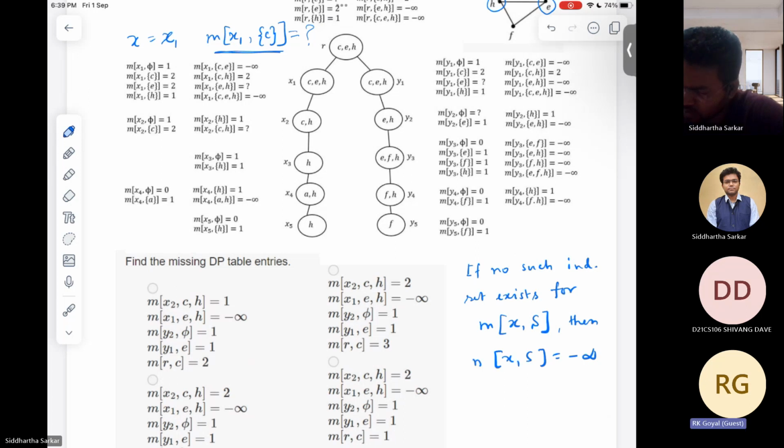So basically there is no independent set of that kind. We could say the independent set size is zero, but by convention we say the independent set size is minus infinity. This is just by convention.